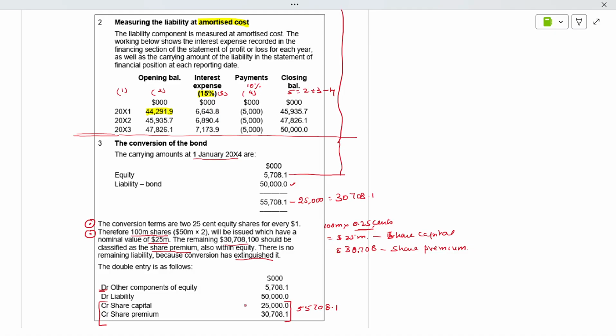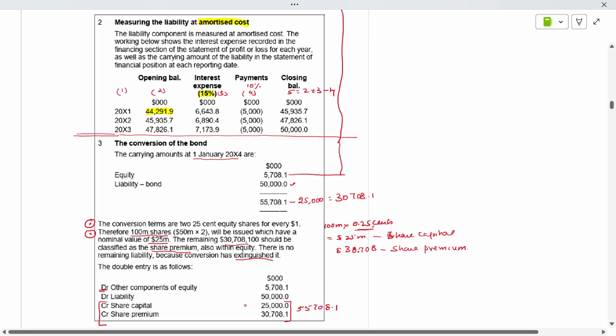We will get now the total number of shares. With the total number of shares, we will say how much it is: 100 million value into 25 cents each share. This is the total value. We will get 25 million. That is the share capital.